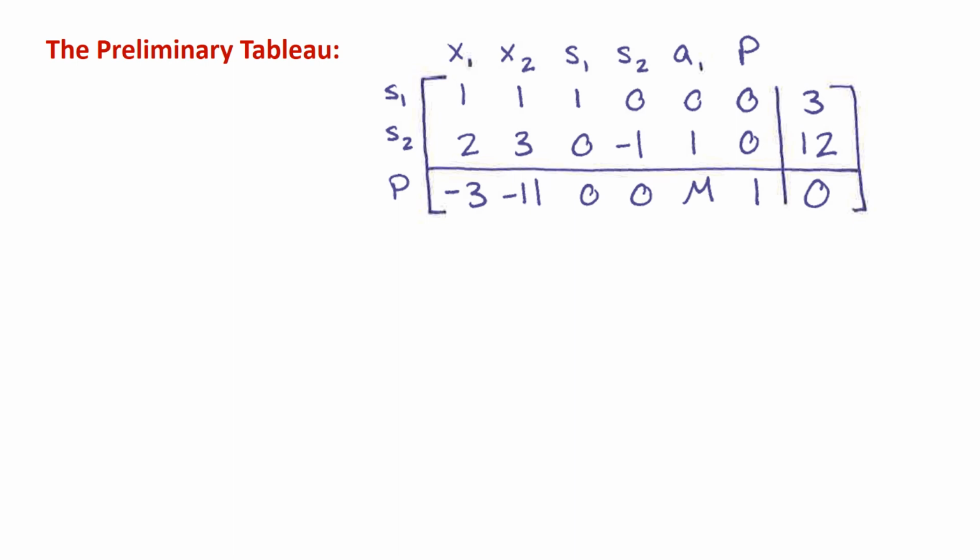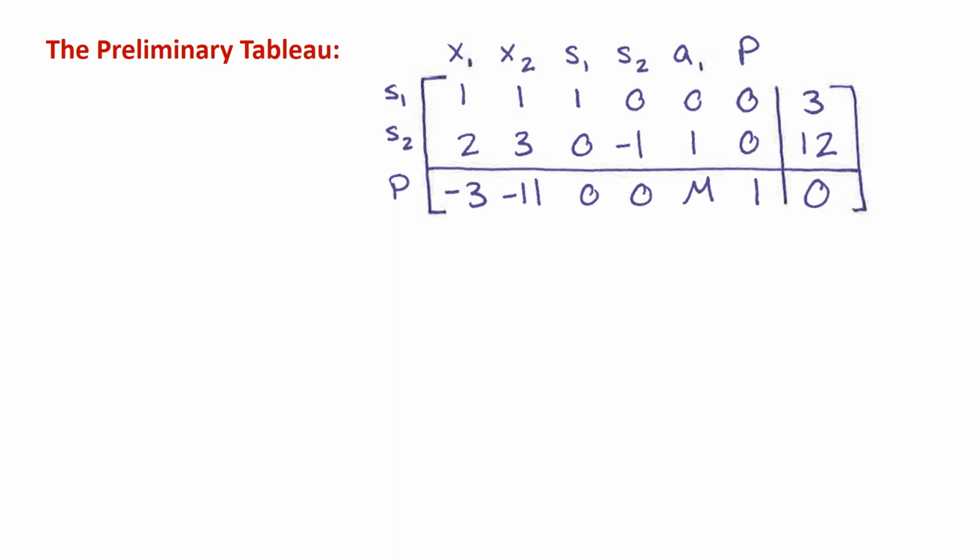We use the second constraint to get the second row. So we have 2, 3, 0, negative 1, 1, 0, 12. And the objective we use to fill out the last row. So negative 3, negative 11, 0, 0, m, 1, 0.